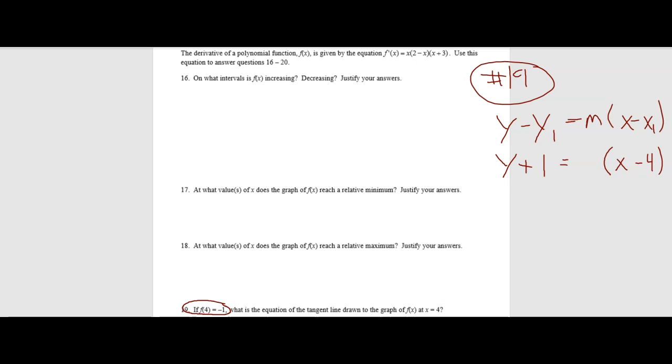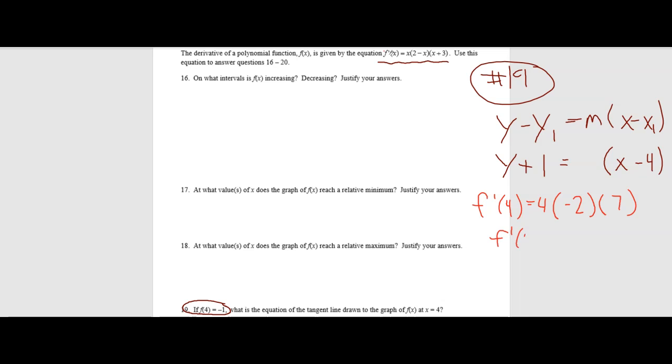But m is the slope of the tangent line, and we know that the slope of the tangent line is another way of saying derivative. So let's find the derivative value at x equals 4. Well, we have no table or no graph, but we do have the algebraic form of the function. So let's just substitute 4 in for the x in f prime. 2 minus 4 is going to give me negative 2, and 4 plus 3 is going to give me 7.